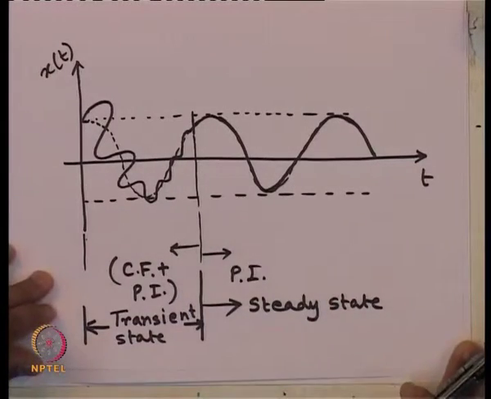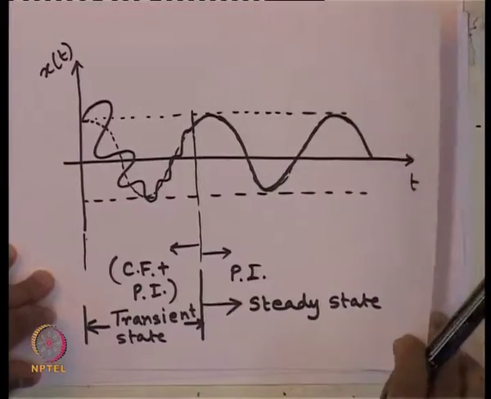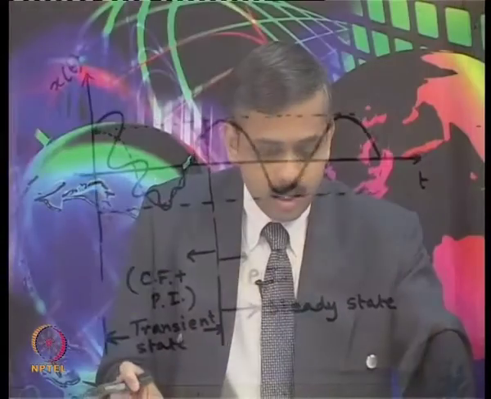Okay. So, that is the final solution for the forced vibration subjected to a harmonic excitation. We have seen how the transient state and the steady state behave, and the responses we have drawn.